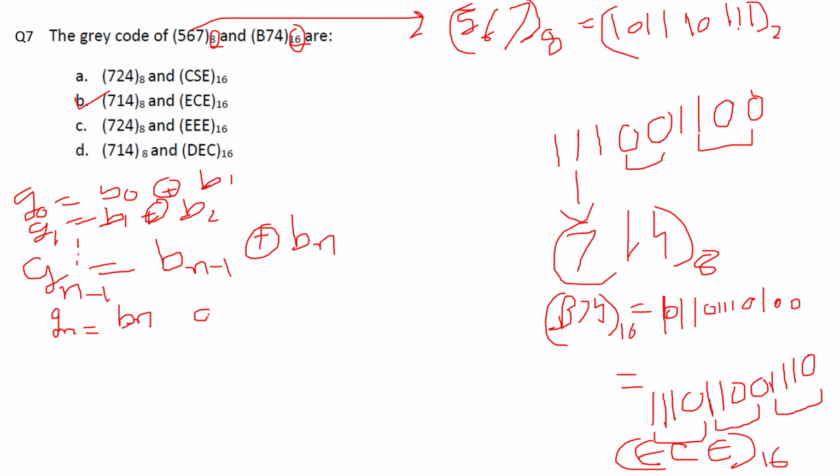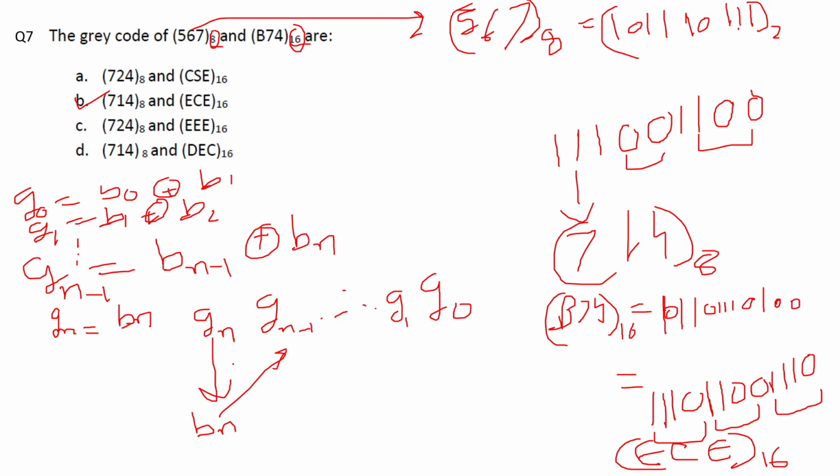And now if we have a gray code like this, Gn minus 1, so on up to G1 and G0, and if you want to convert into binary, what we'll do is we'll just put this bit here. MSB of gray code is equal to MSB of binary code.